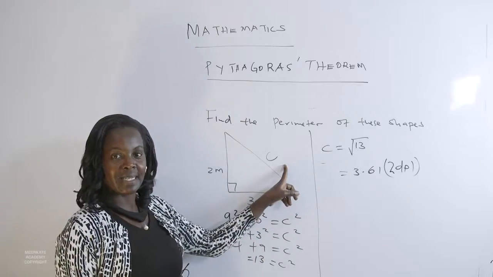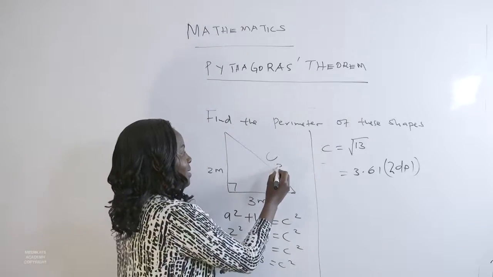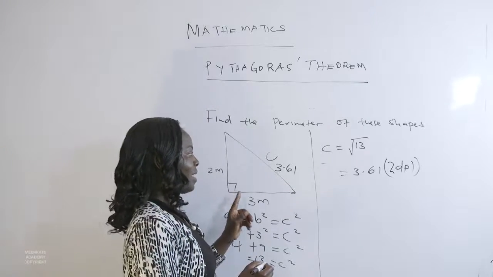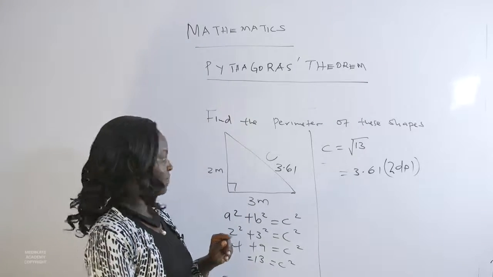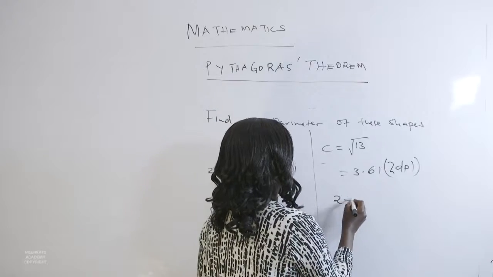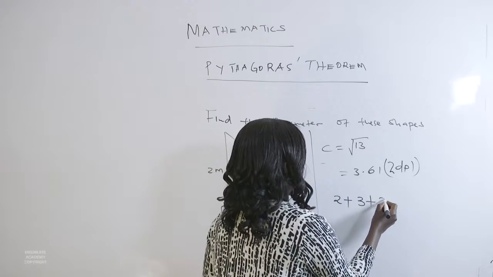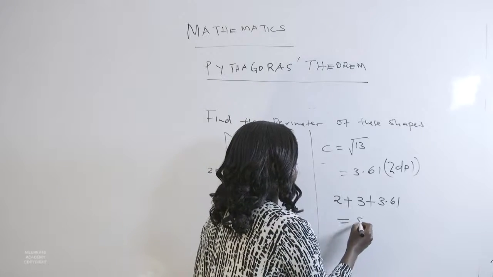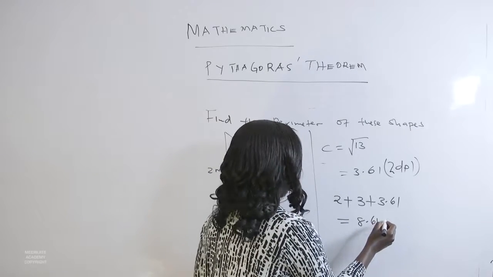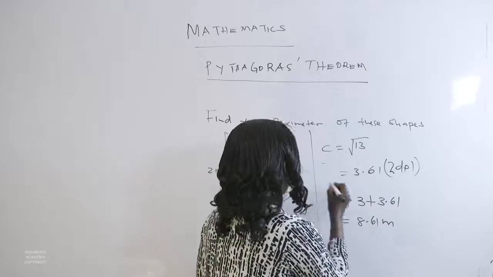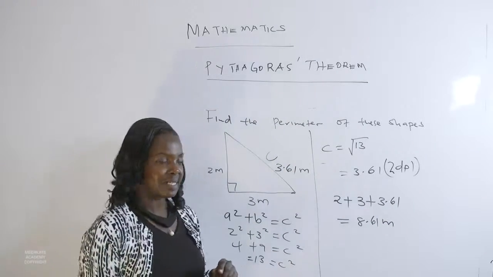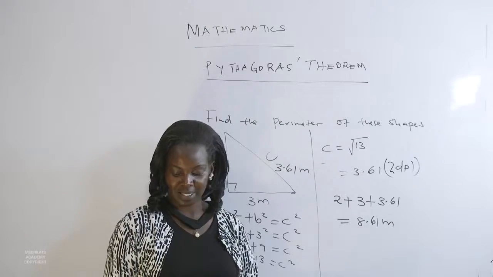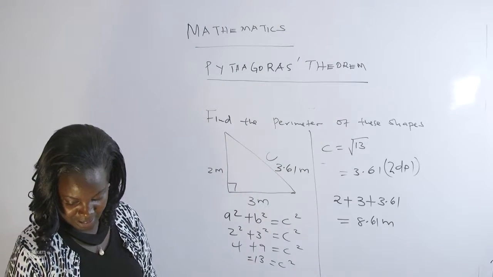So now we have the side that is missing, 3.61. Then we can find the perimeter. That is in meters. That will give us 8.61 meters.